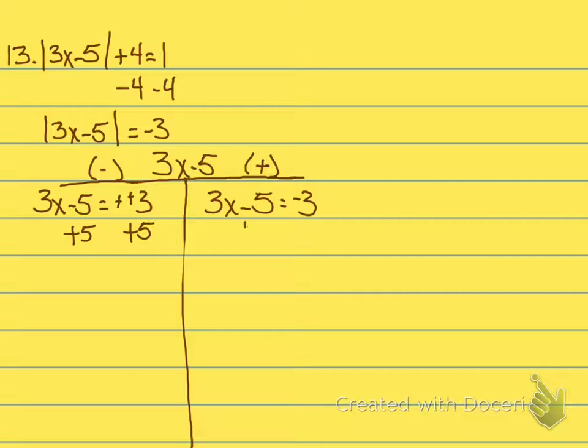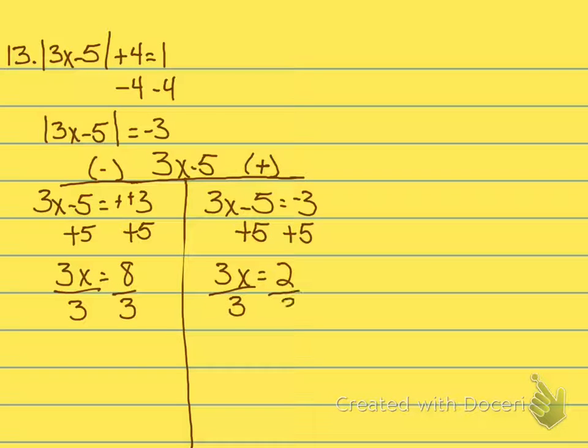We add 5 to both sides. We'll go ahead and do that all the way across the board. And we get 3x is equal to 8, and 3x is equal to 2. I'm going to divide by 3 across the board. And I have x is 8/3 or x is 2/3.